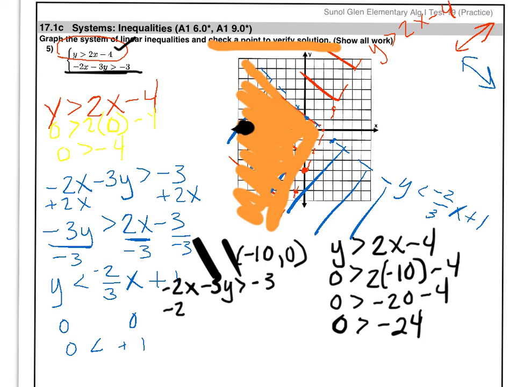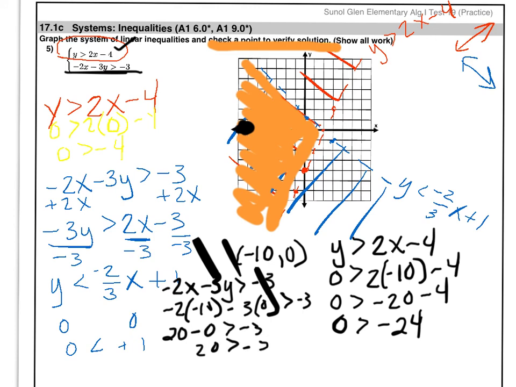So negative 2 times a negative 10 minus 3 times 0 is greater than negative 3. Sorry, guys. I get a positive 20 minus 0 is greater than negative 3. So 20 is greater than negative 3. Is that true? Yes, it is true. And therefore, this point is a solution to both of those lines, so I have shaded in the correct area.